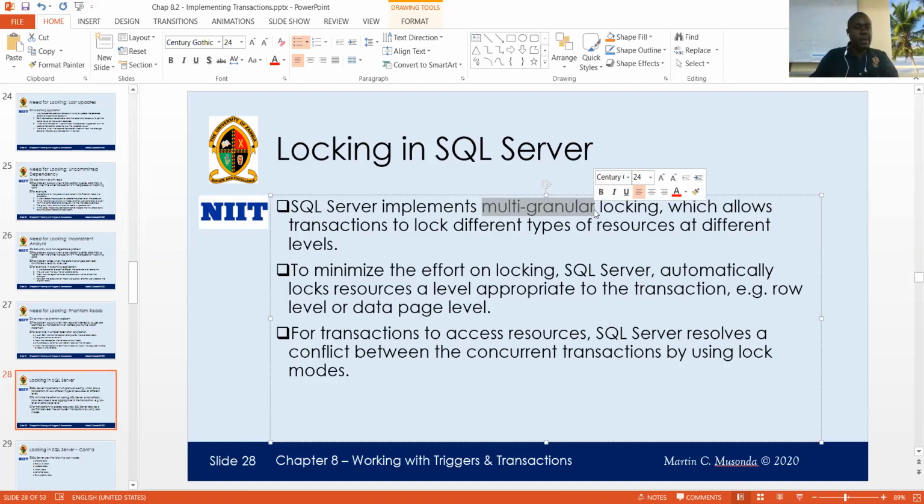So there are different levels at which you can implement locks to different resources or database objects. To minimize the effort on locking, SQL Server automatically locks resources at a level appropriate to the transaction, e.g., row level or data page level.